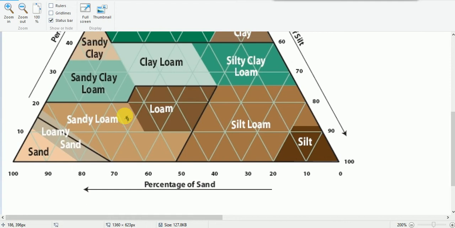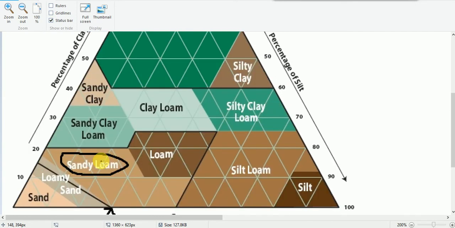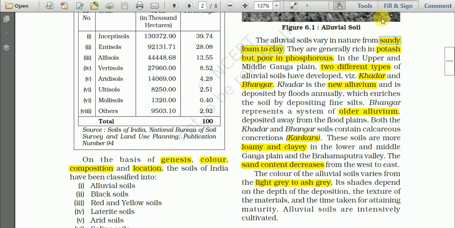In case of sandy loam, the sand content is from 50 to 70%, and the clay content is very low, between 15 to 20%.